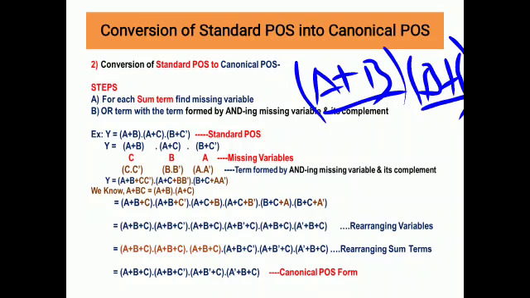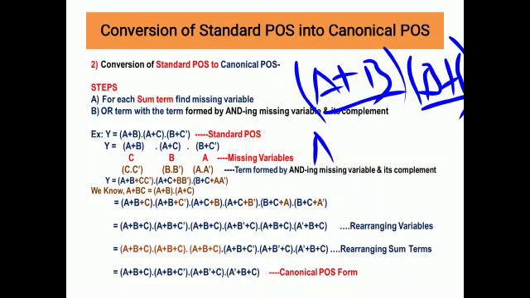Now we have to convert into canonical POS form. Canonical means each term is having all the variables. See here, in the second term C is present, whereas in the first term C is absent, and in the second term A is absent. So we have to first find out the missing variable, and now we have to OR.